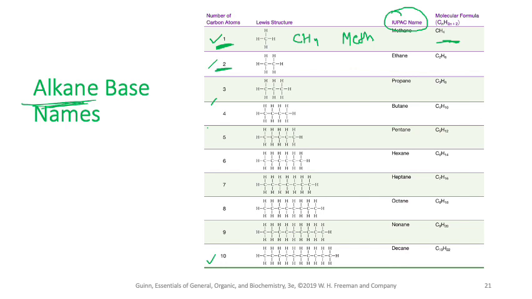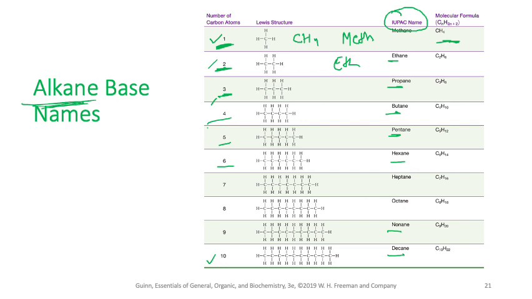If your compound contains 2 carbon, eth, right? If the carbon is 3, prop, 4, but, 5, pent, 6 is hex, and keep going on, hept, oct, non, dec, right? So depending on the carbon.